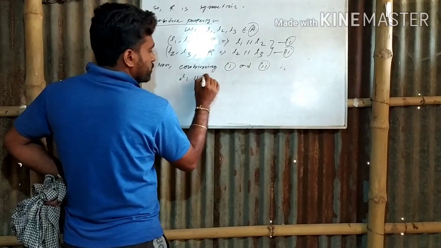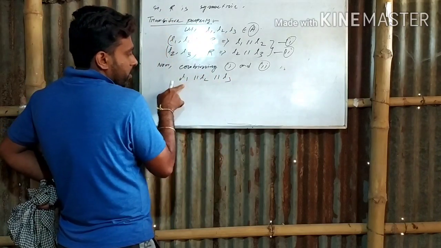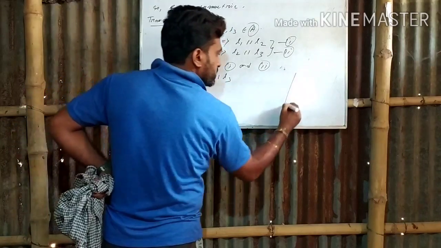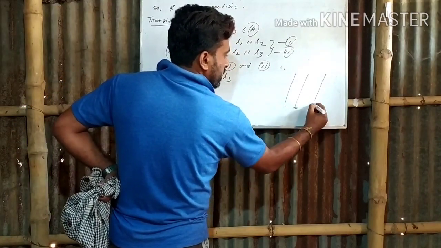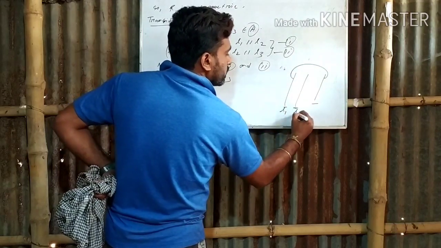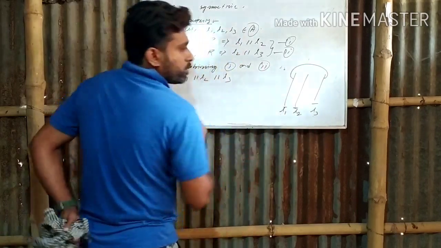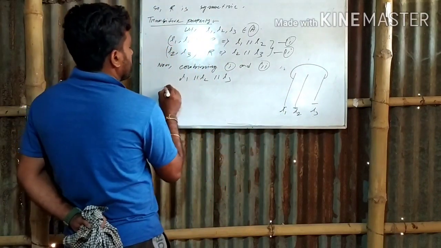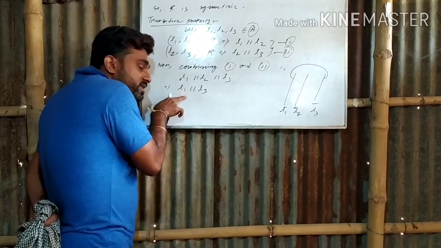L1 parallel to L2 parallel to L3. Here you can see these three lines: if these two lines are parallel and these two lines are parallel, then obviously this line and this line will be parallel. So L1 is obviously parallel to L3. That means this condition is satisfied.